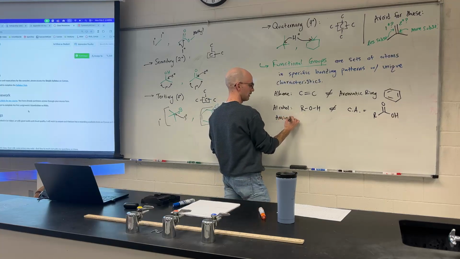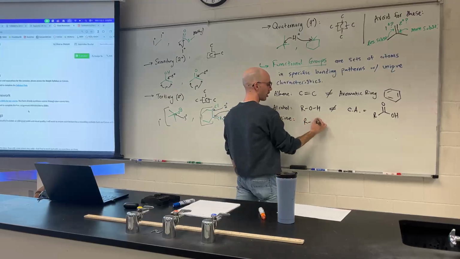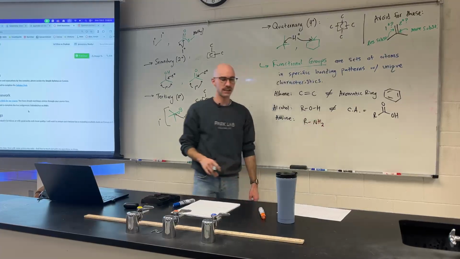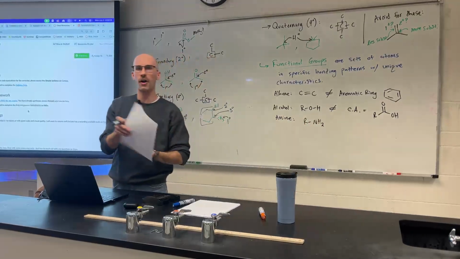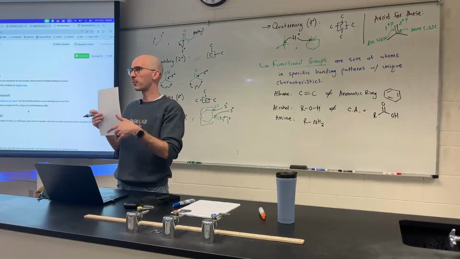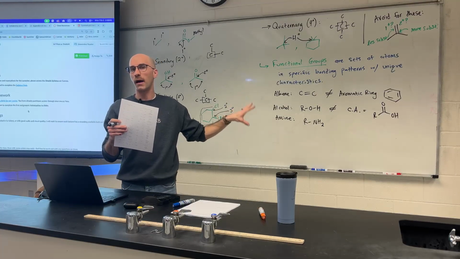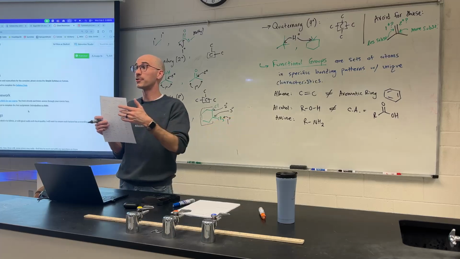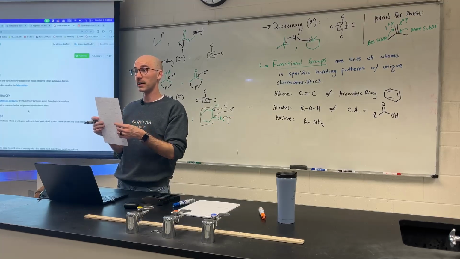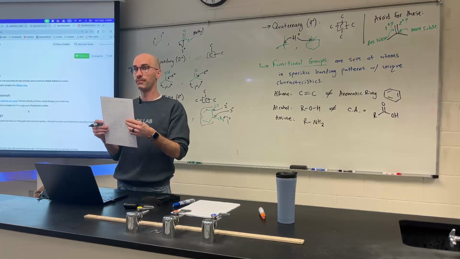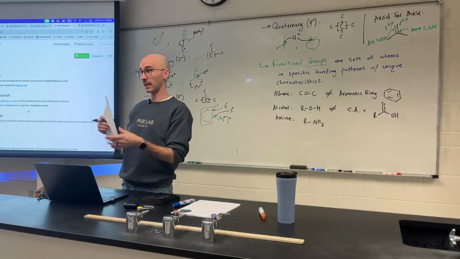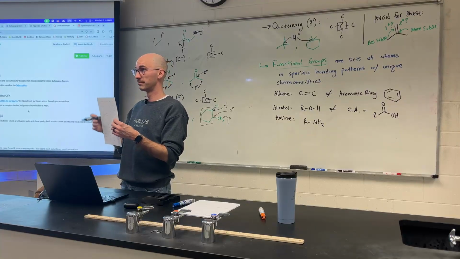Amine is represented as RNH2, and I do want you guys to notice that there are a number of different ways that you can have amines. This specifically is a primary amine as opposed to a secondary and tertiary amine. Those terms are being used much like they were used to describe the carbons.